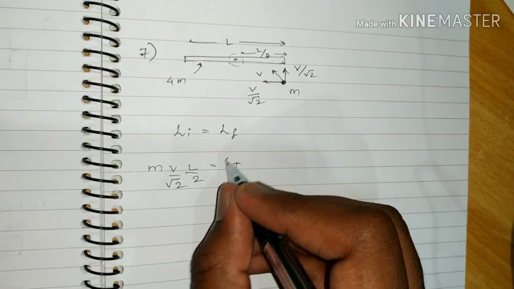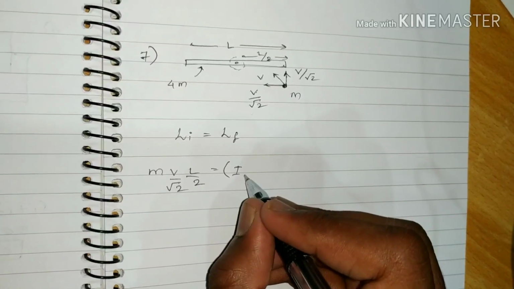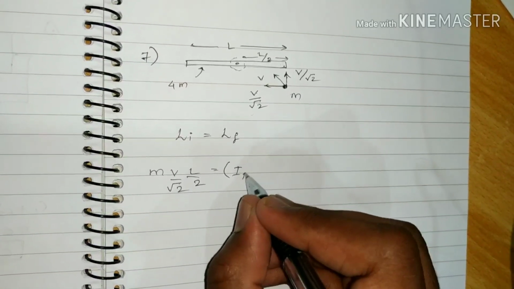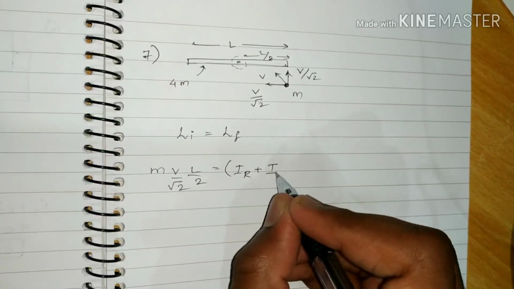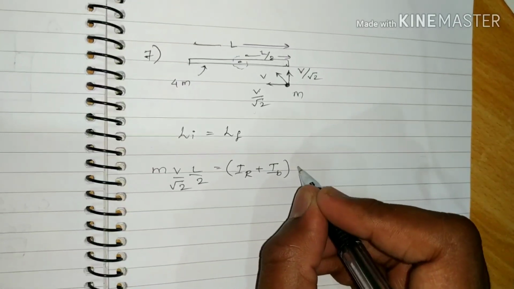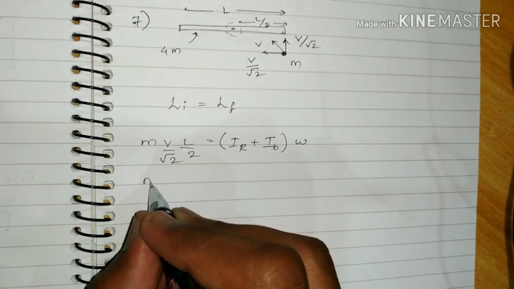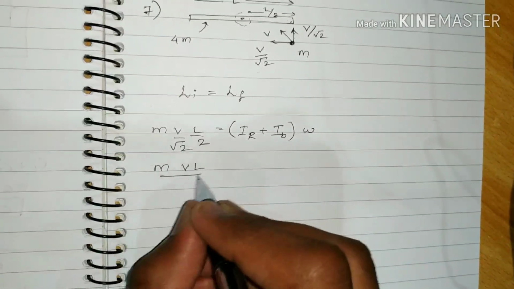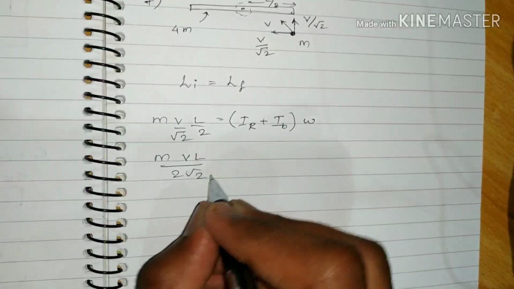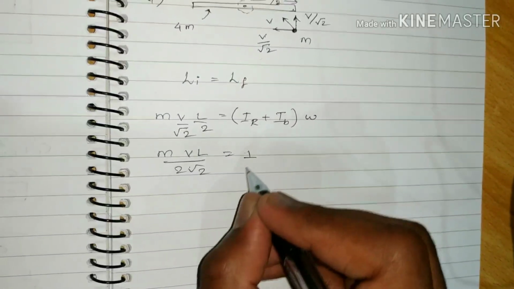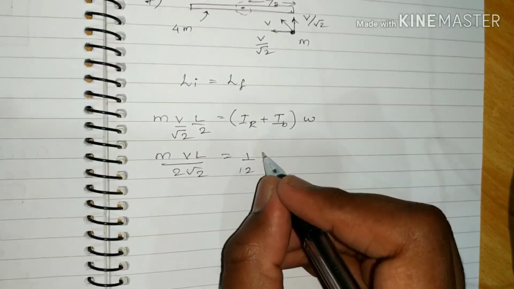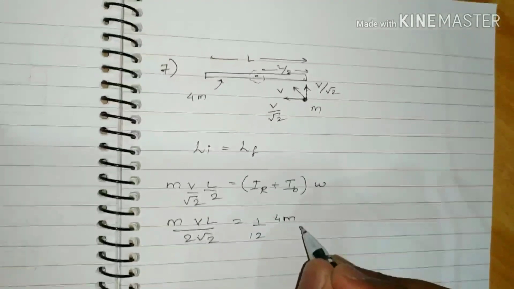Now, speaking about the system, I have got two bodies in the system. One is the rod and the other one is the particle which is hitting the rod. I multiplied by omega. Now, after decoding, this is again mvL upon 2 root 2, equal to the moment of inertia of the rod, which is 1 by 12 m. Here the mass of the rod is 4m.